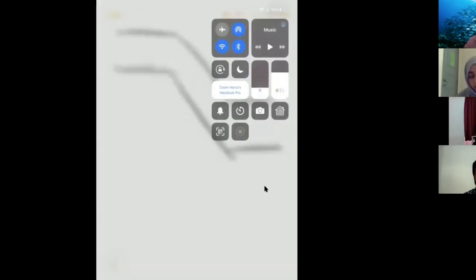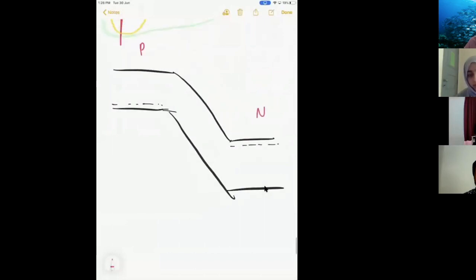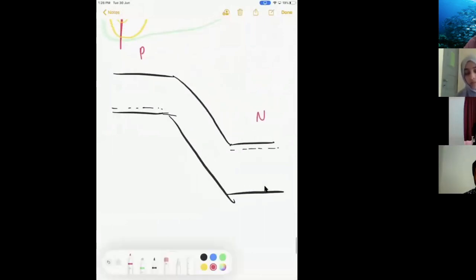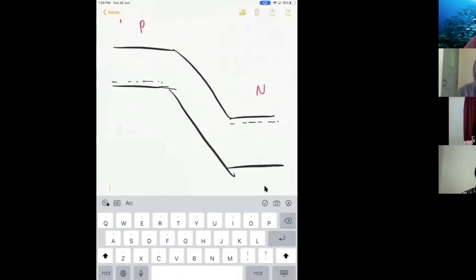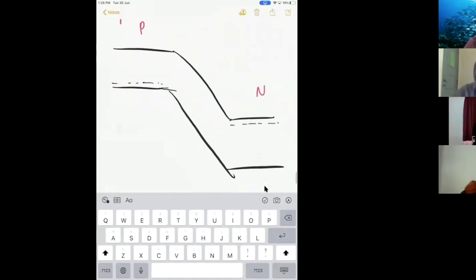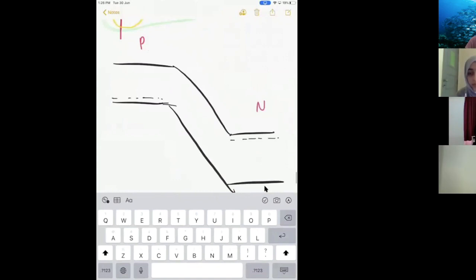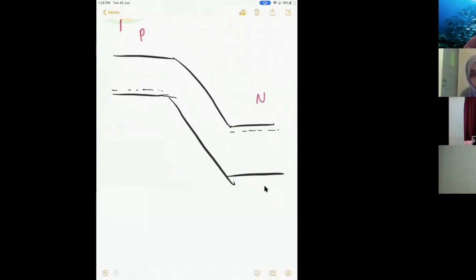Okay, ma'am. So this is the PN junction of the photodetector, right? If it's a PIN, this I region will become bigger. If it's not, it's just PN, with just a depletion region in between.